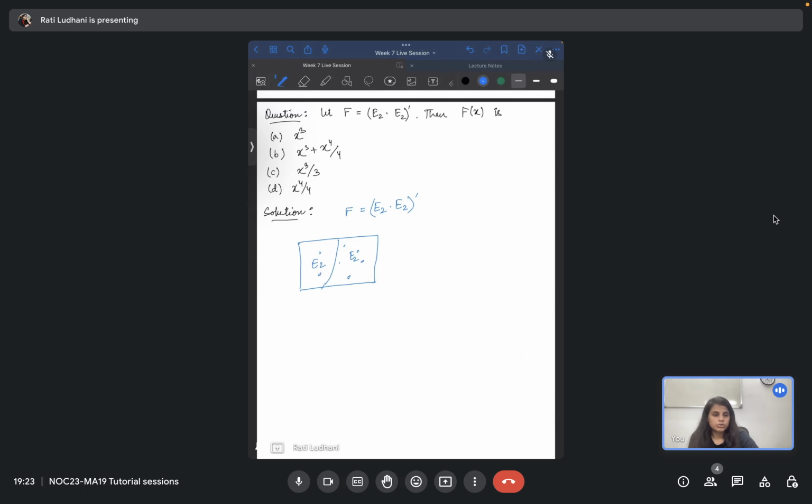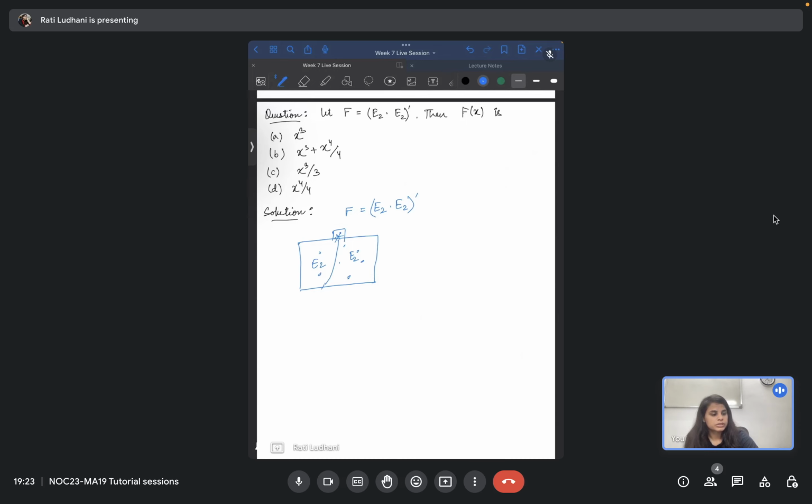So this is your E2 dot E2. Now you are adding one element, that is your dash. Okay, so you are trying to calculate that, so let's do that.